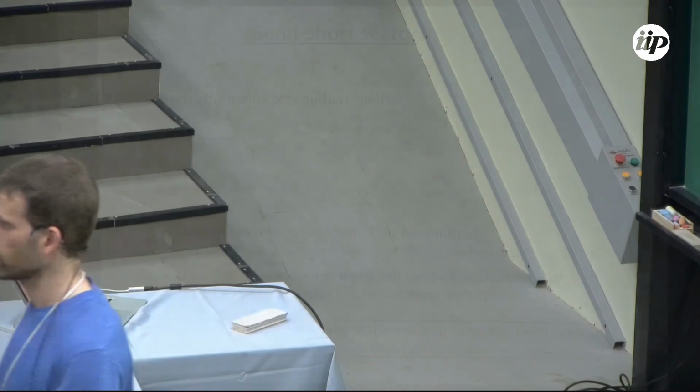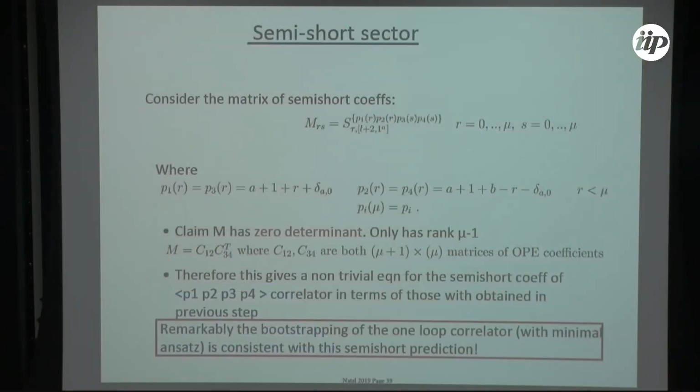But the claim is that M has 0 determinant, simply because it's a mu plus 1 by mu plus 1 matrix that is secretly C transpose C, where C are both mu plus 1 by mu. So the matrix secretly has rank mu, and therefore the determinant is 0. It's a bit like a Gram determinant, actually. In fact, it is a Gram determinant, I think. So anyway, this gives you a way of computing these guys.